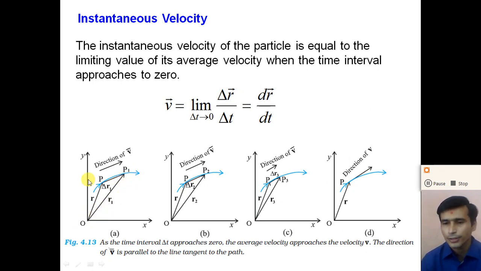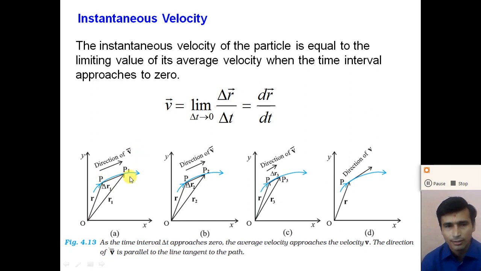If you calculate the displacement vector, here the displacement vector is in the direction of the vector P P1, and that is the direction of the average velocity. So the direction of the average velocity is in the direction of the displacement vector.